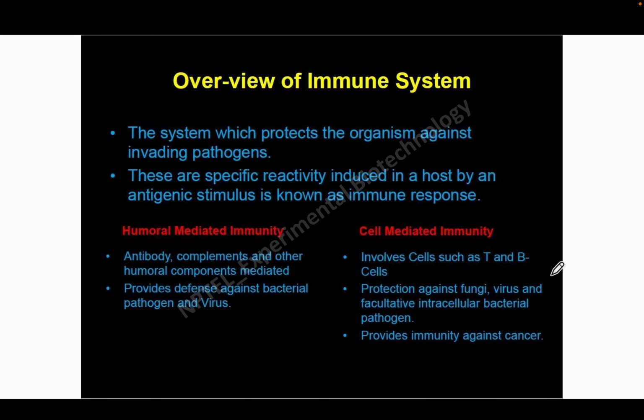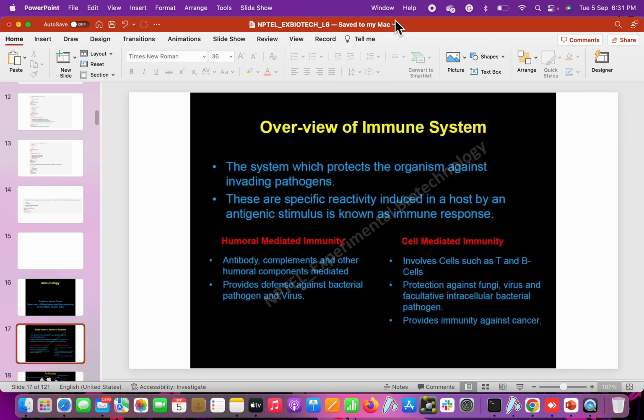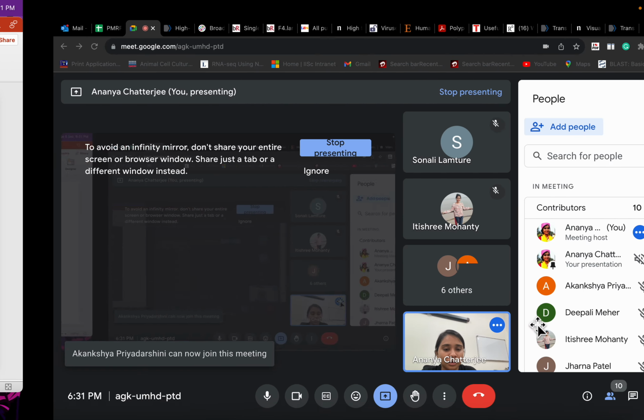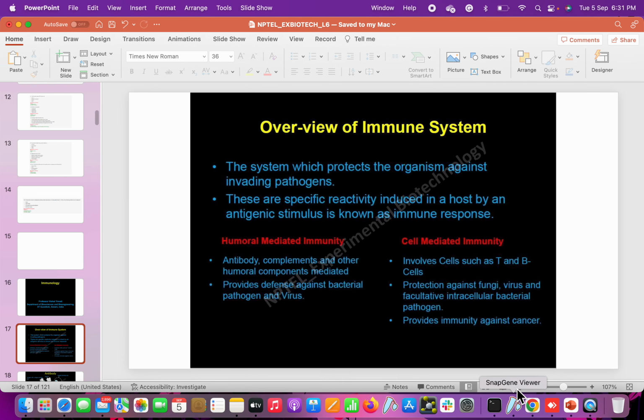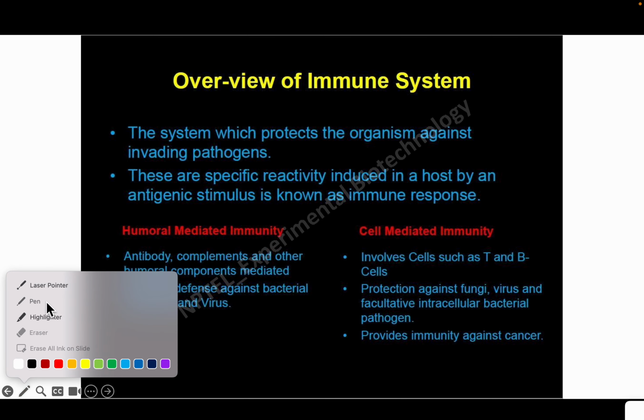So overview of the immune system. The immune system is the system which protects the organism against invading pathogens.